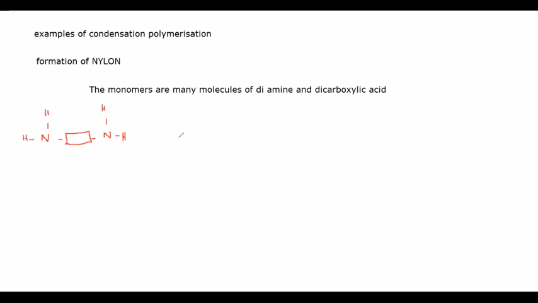Dicarboxylic acid means OH, C double bonded with O, and OH group will be there. The term di means two carboxylic groups at the ends, and between them there are carbon atoms.